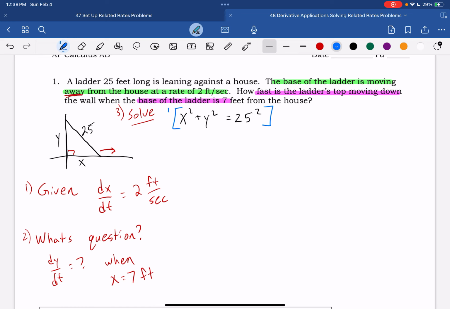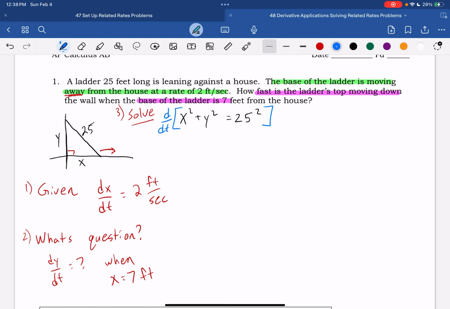But what we can do is differentiate this with respect to time. This is going to work very similar to implicit differentiation, where as we take the derivative, we're going to add in these rates, because the variable that we're differentiating with respect to is not in the problem yet.